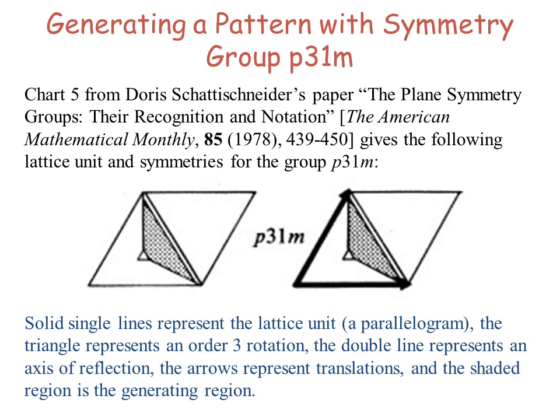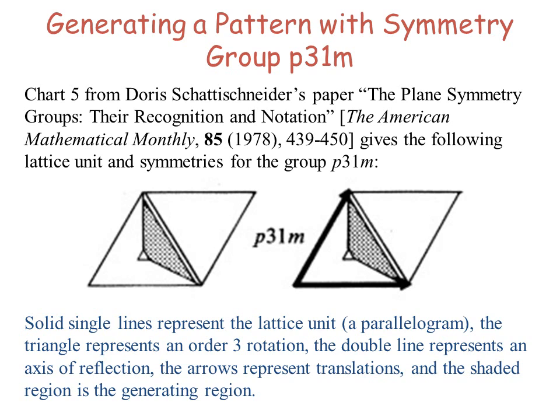Here is a part of Chart 5 from Schattschneider's paper. It gives the lattice unit and symmetries for the group P31M. The shaded region is the generating region. By filling it with an image, we will determine the rest of the wallpaper pattern by using the symmetries.